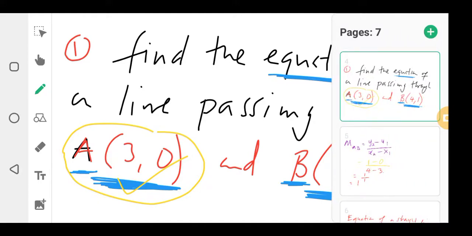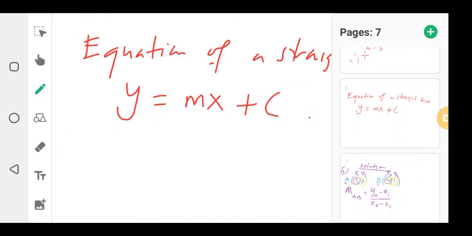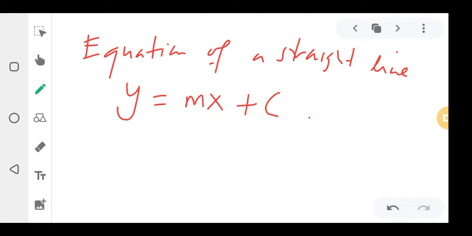After writing the equation of a straight line, I've picked the first point. Let me put it down here so that you can understand. So the first point is (3, 0), and the first number represents the x coordinate, the second number the y coordinate.